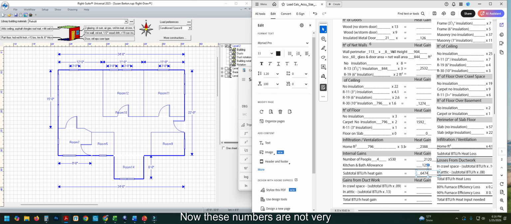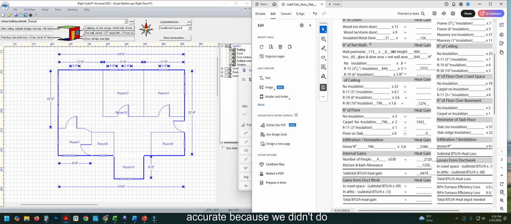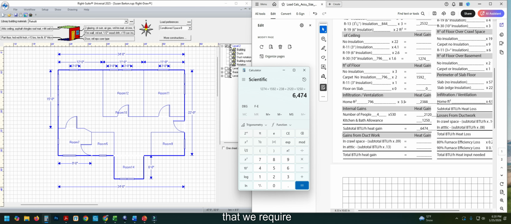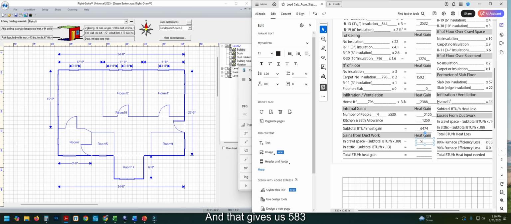Now, these numbers are not very accurate because we didn't do all the other windows and so forth. Now that we have the values that we require, our subtotal is 6474. We multiply the subtotal BTUs an hour by 0.09, and that gives us 583.